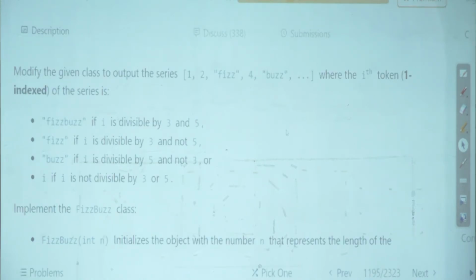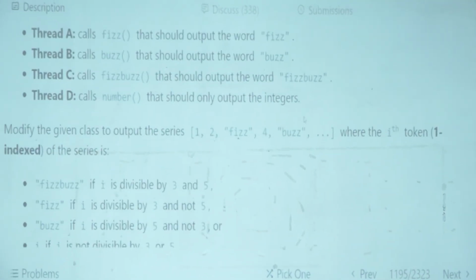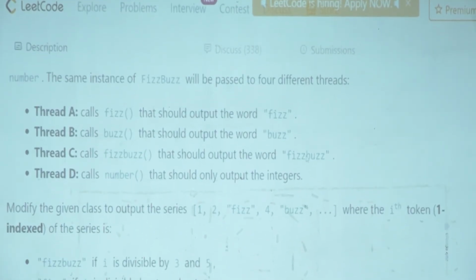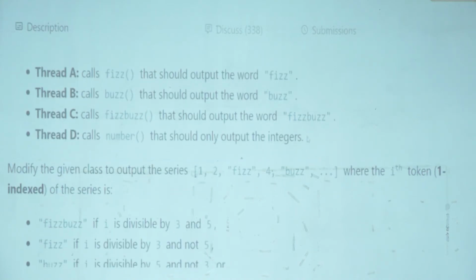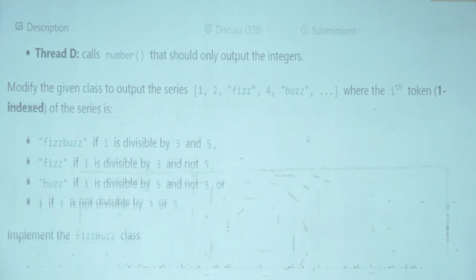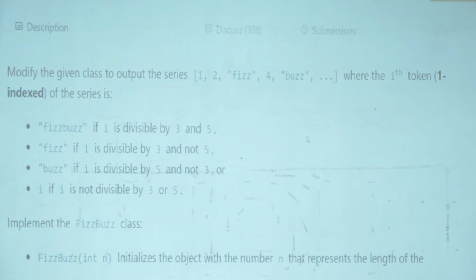There is a number which is shared, because everybody needs to know the value of number. So that number is a shared variable, and this is a good question to do. If the number is divisible by 3 and not by 5, it will print fizz.